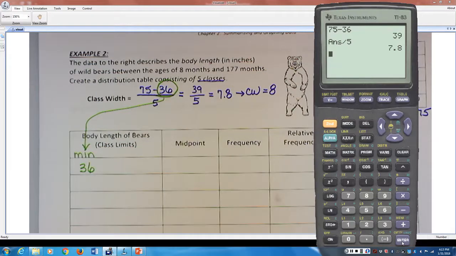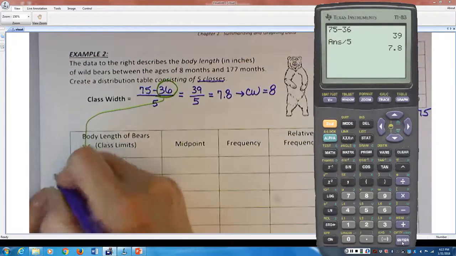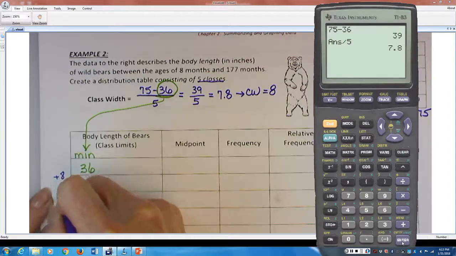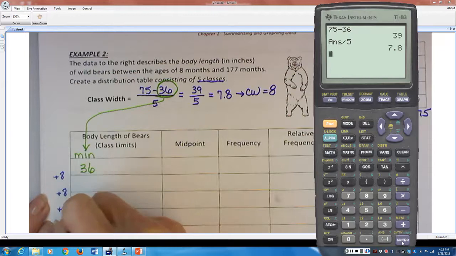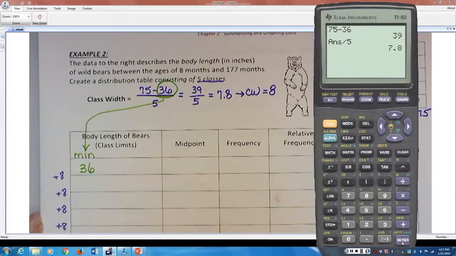So that is my first lower class limit. To that class limit, I'm going to add 8, and then add 8 again, and then add 8 again, and then add 8 again to get the rest of my class limits.